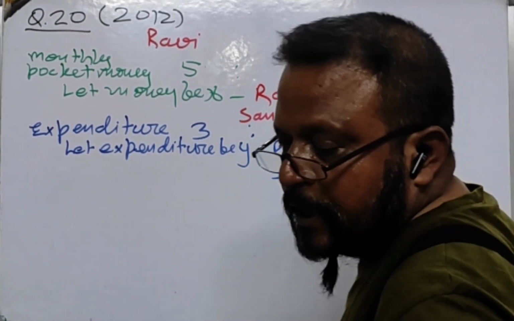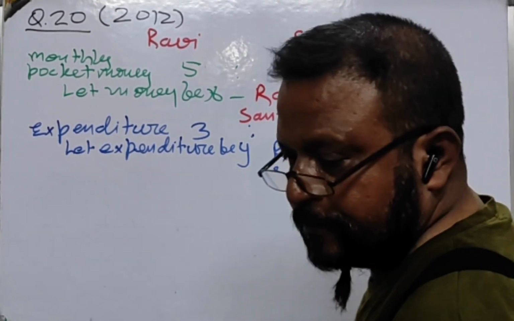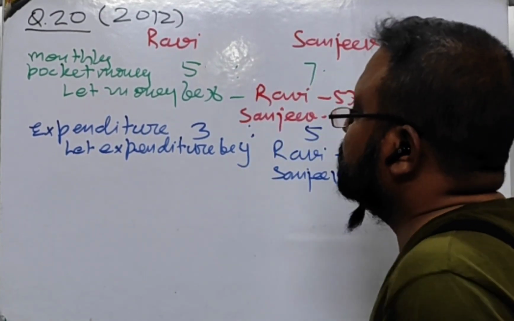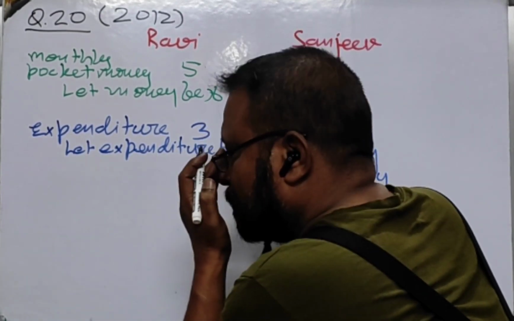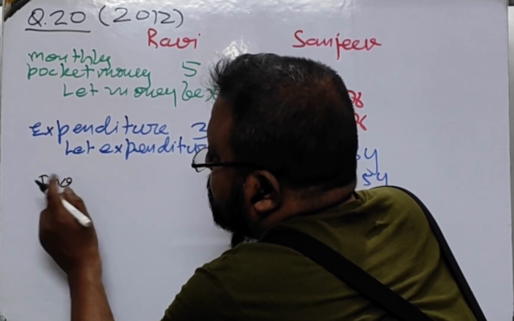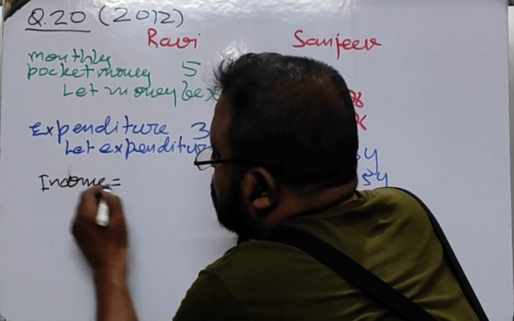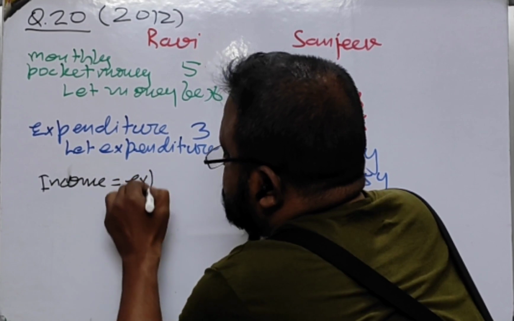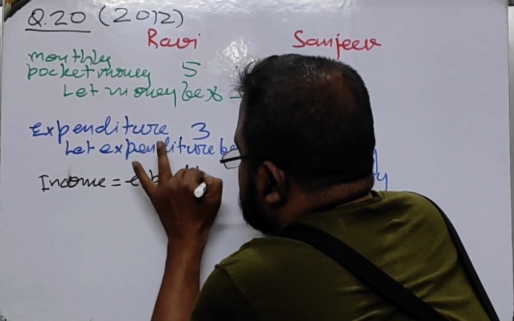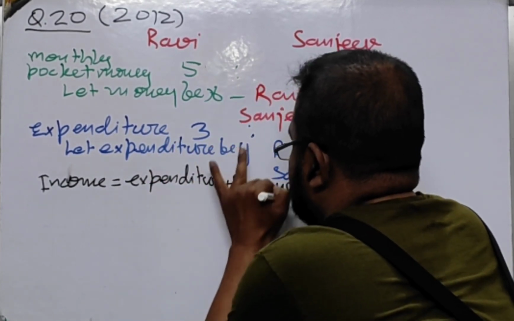So you know that in the general philosophy of life, income is equal to expenditure plus saving, right?